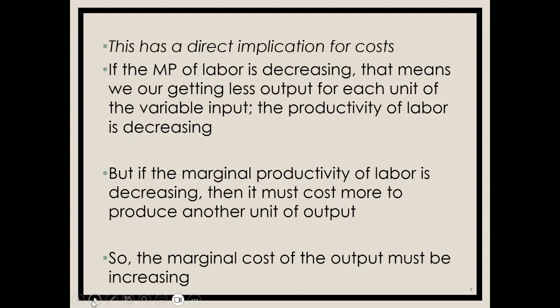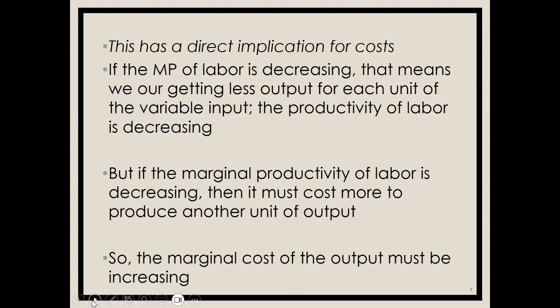But if the marginal productivity of labor is decreasing, then it must cost more to produce another unit of output. In order to get that additional unit of output, we have to use more of the variable input. We have to hire more workers.